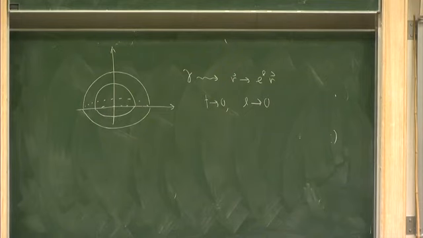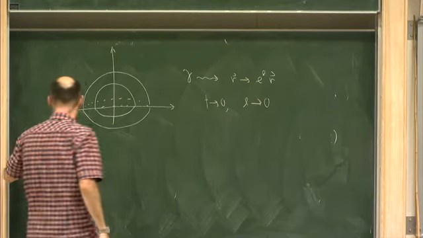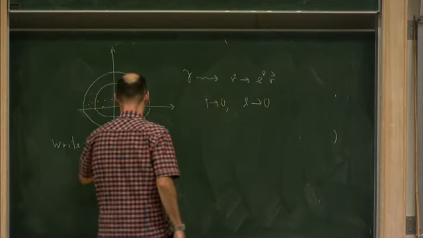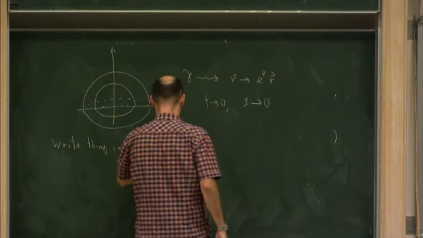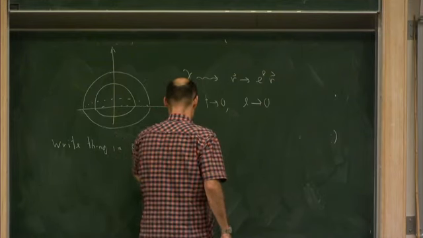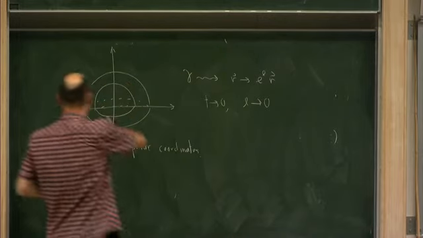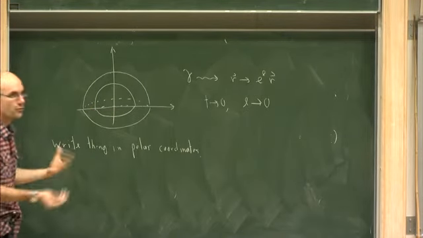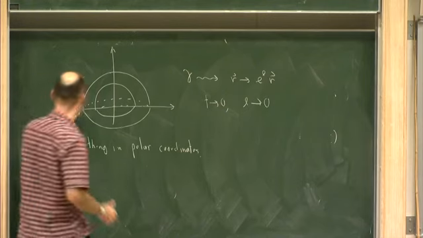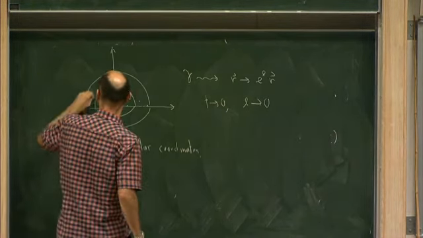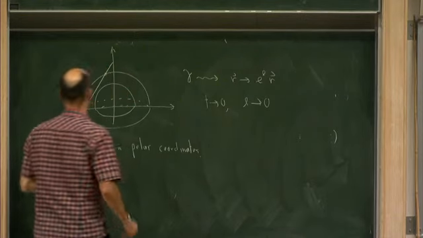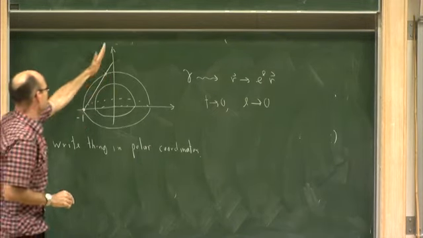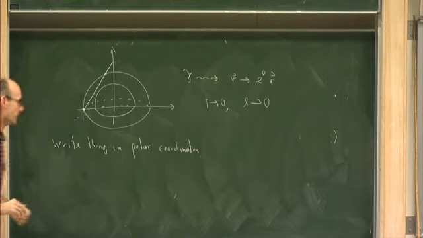But yet it's helpful. So what we do is we write things in polar coordinates. For the angular part, the coordinate on the sphere, instead of using the usual angle, I do a stereographic projection from -1 and project onto the UV plane or something like this.